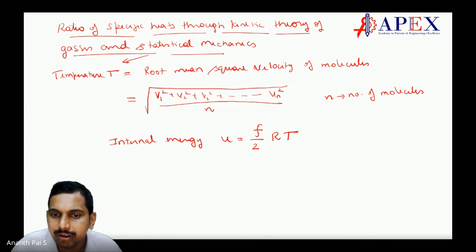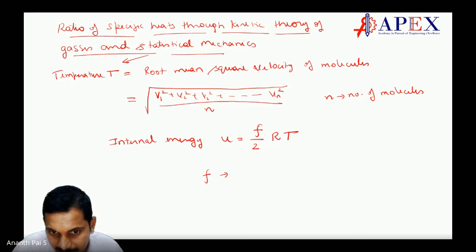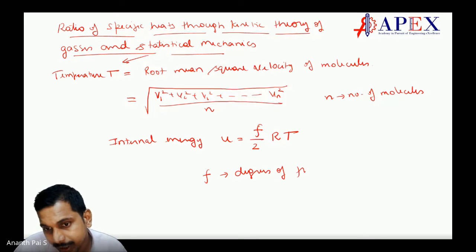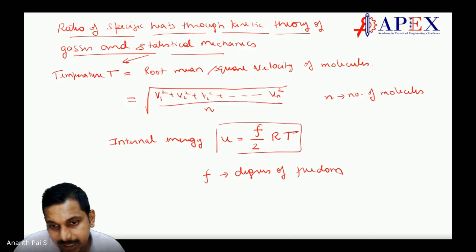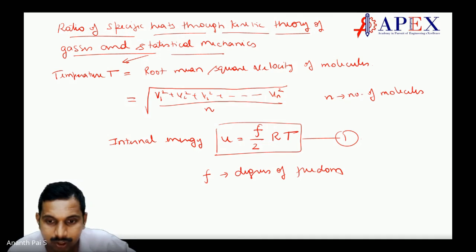What is F here? F is the degrees of freedom. Let us put this as equation 1. That is degrees of freedom.